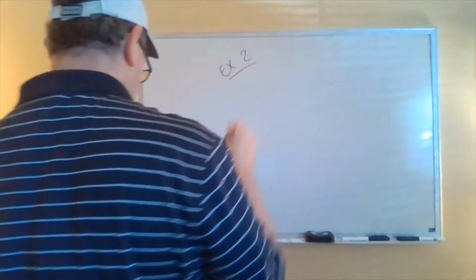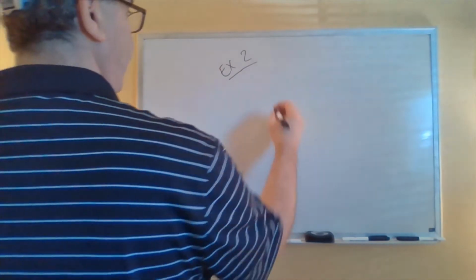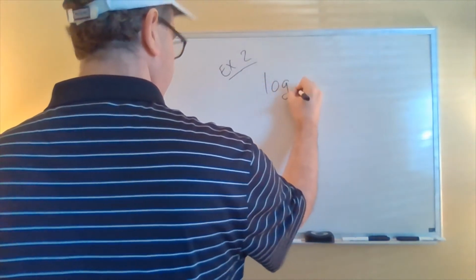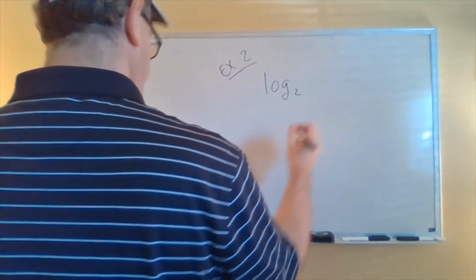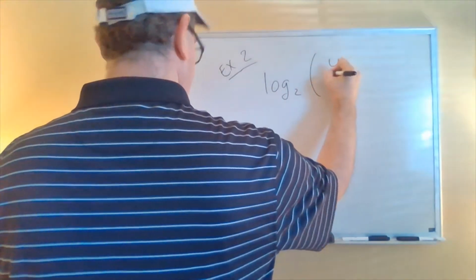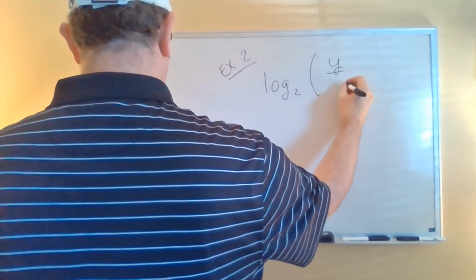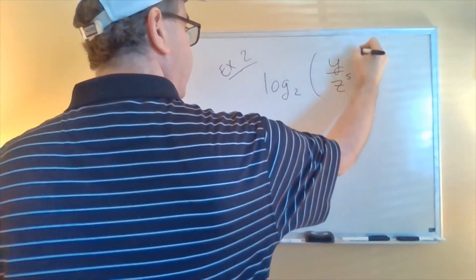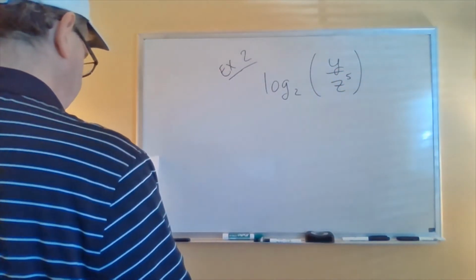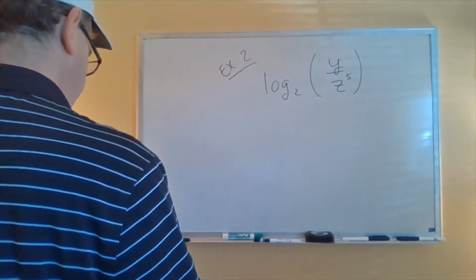All right, example 2, we're going to have log base 2 of y over z to the fifth, and we're going to raise that whole thing to the power of 2.